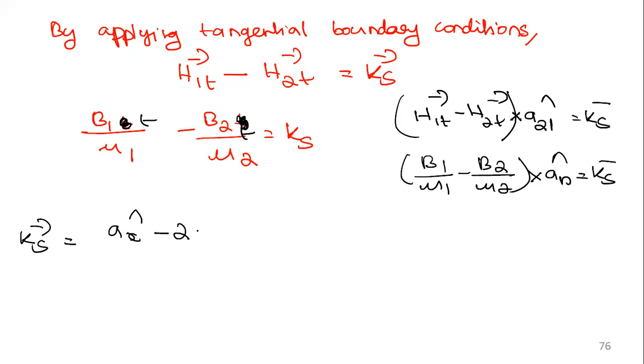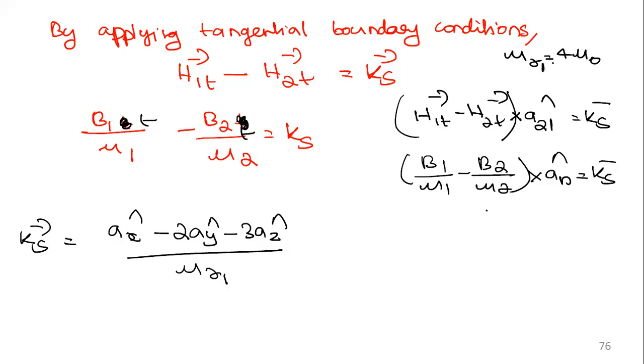So Ax minus 2Ay minus 3Az divided by mu R1. So mu R1 will be 4 into mu naught, because what we have been given is 4, and mu R2 is equal to 7 into mu naught.